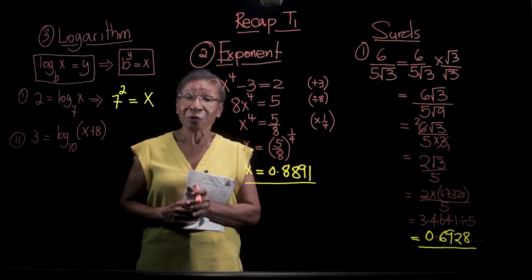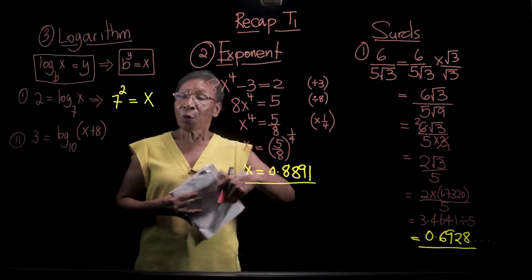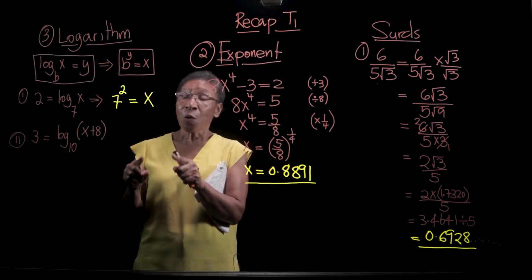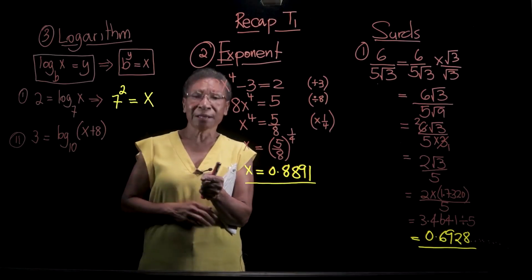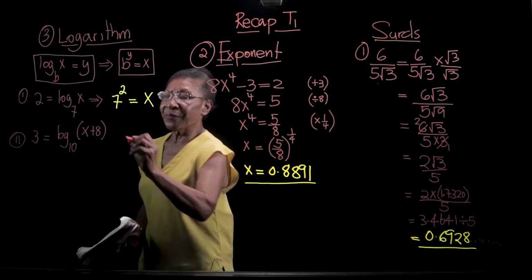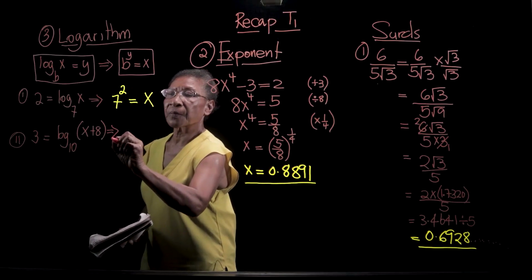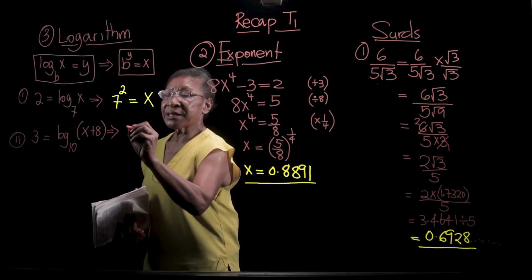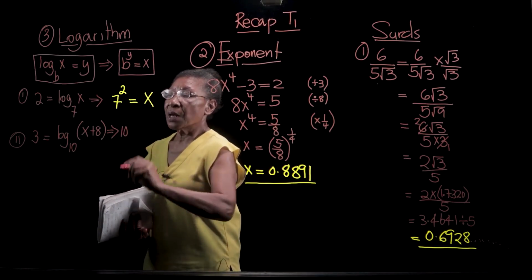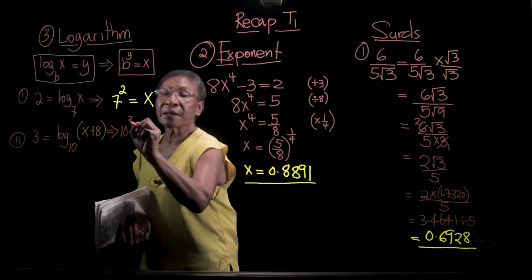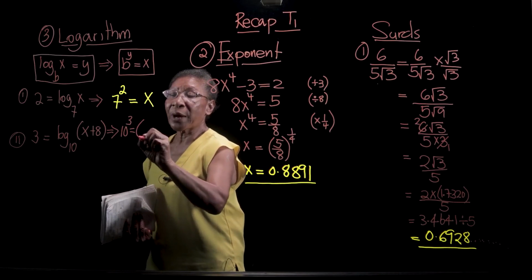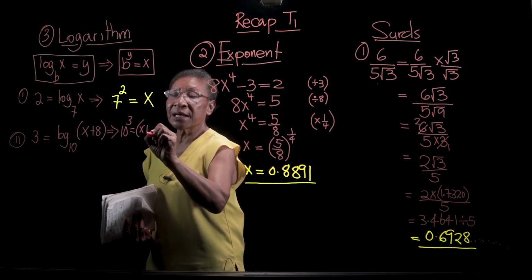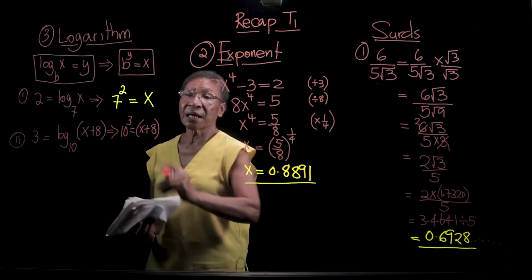But we're not interested in calculating the value of x. We want to see the relationship between a basic log and an exponent. So that would give us the base 10 raised to the power of 3 is equal to the bracket x adding 8.